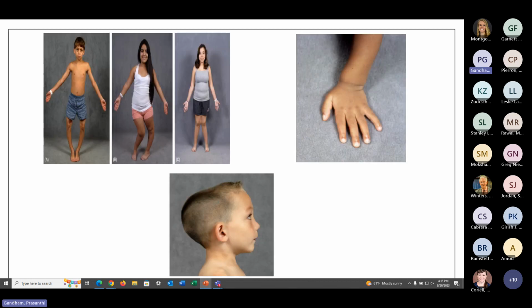So these are just some pictures of the clinical findings that we see in XLH. You can see the young man in the top left-hand corner, he has genu varum. The young lady in the middle of the picture has what's called the windswept deformity. This is a young lady who was not treated for her hypophosphatemic rickets.